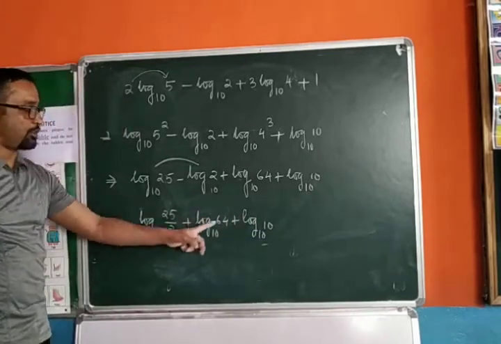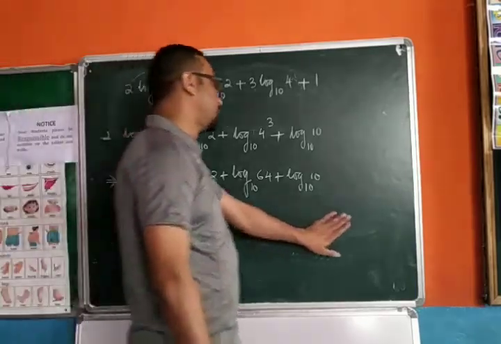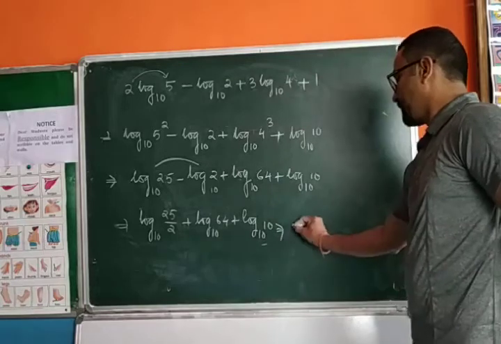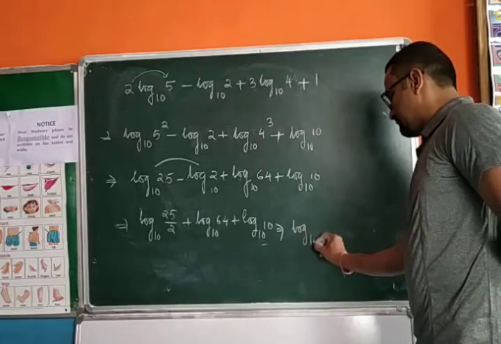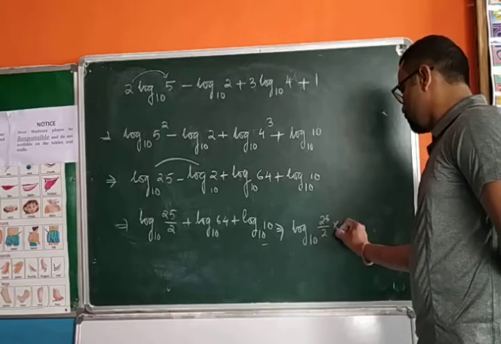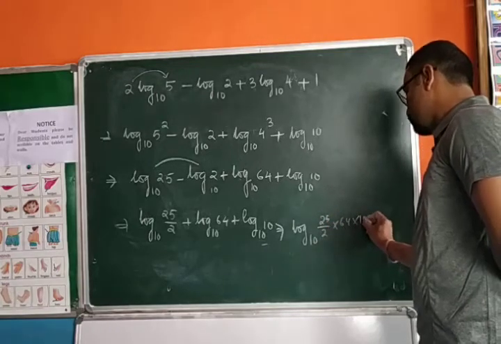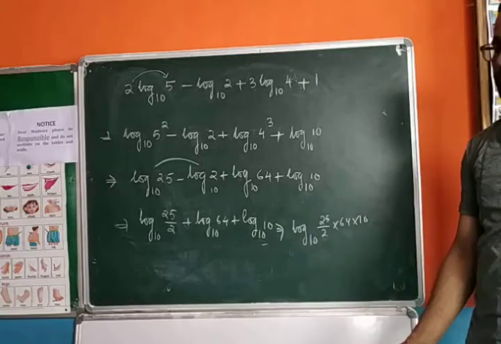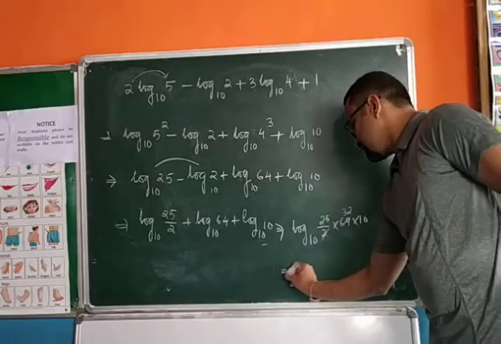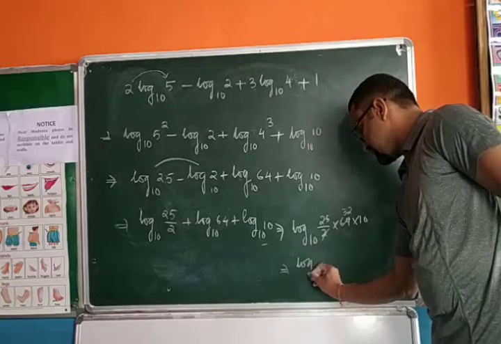In between logarithms you have a plus sign, and plus sign means the product law is applied. Log base 10 of 25 upon 2 into 64 into 10. You can cancel it: 2 into 32.